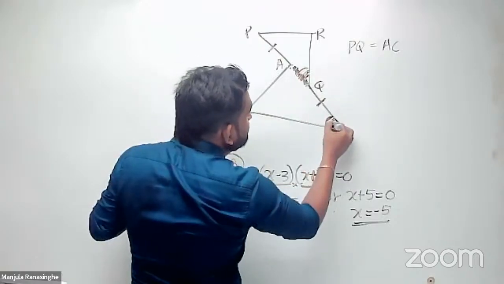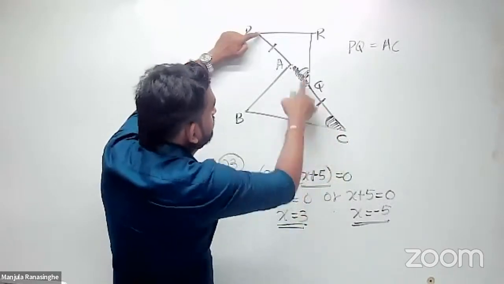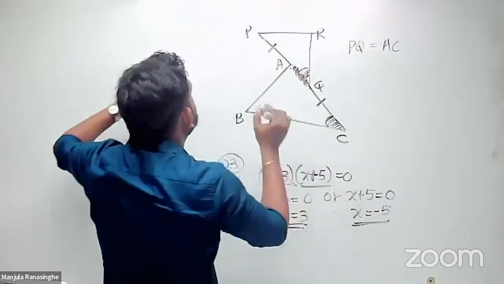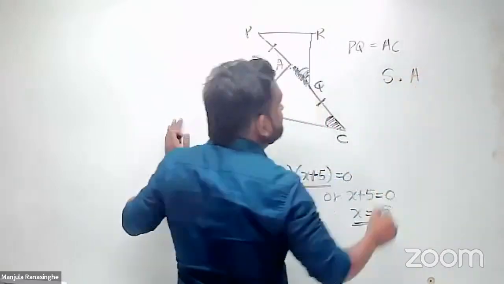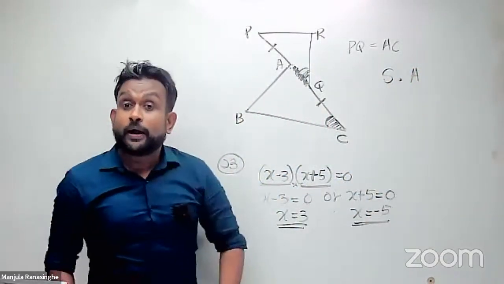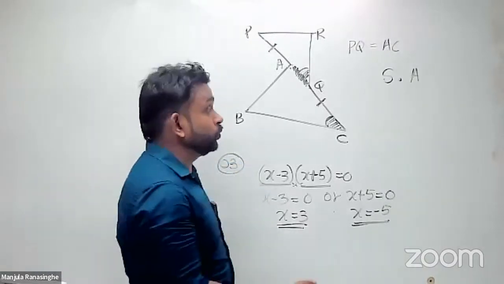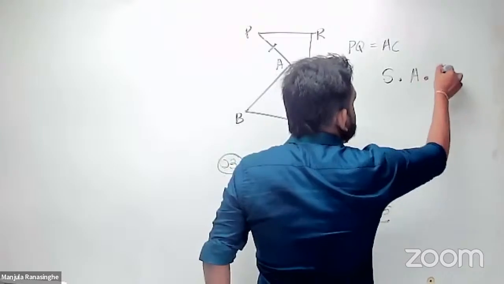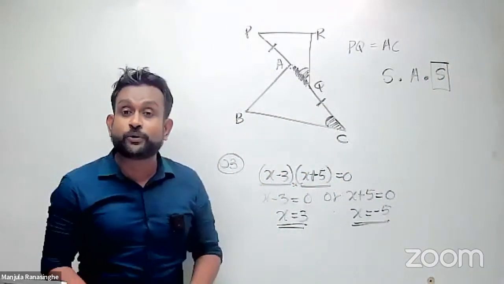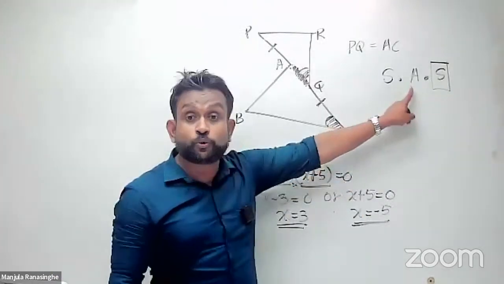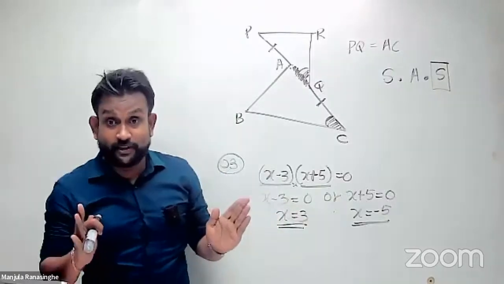See that angle, this is the angle. Now this side is equal, angle equal. Under these cases, you can bring another side to make congruency, and that side can be equal, but when you take that side, the angle must be intermediate. That is important: the angle must be intermediate.